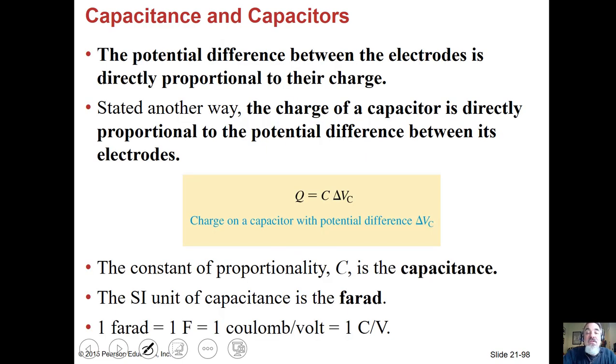So the charge is proportional to the voltage, and I could write it like this: charge proportional to the voltage that we have across. And there's a constant that relates these to each other. The constant that relates charge to voltage is called the capacitance.